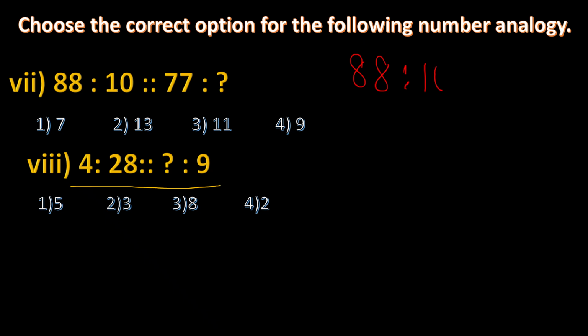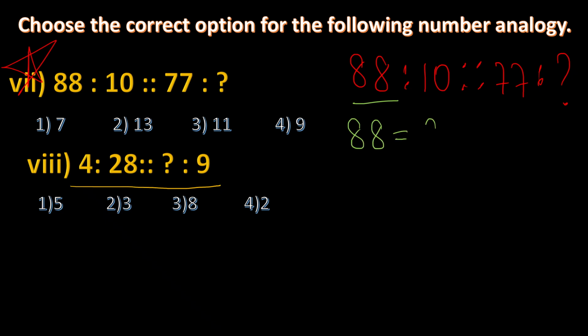88 is to 10 you have. 77 is to what? What logic is used here? This is also a very important question. So what logic is used here is that first they have multiplied within the numbers. 8 into 8 they have done, which gives you 64 as the answer.